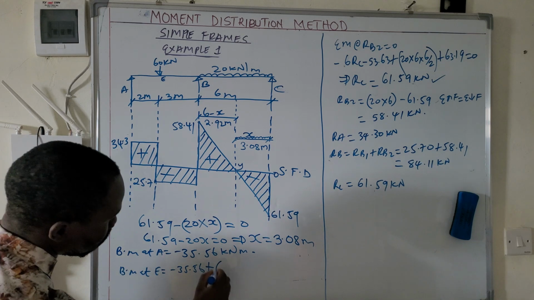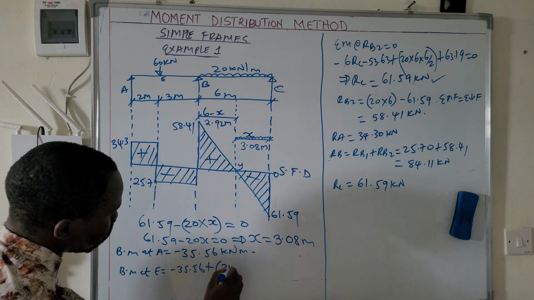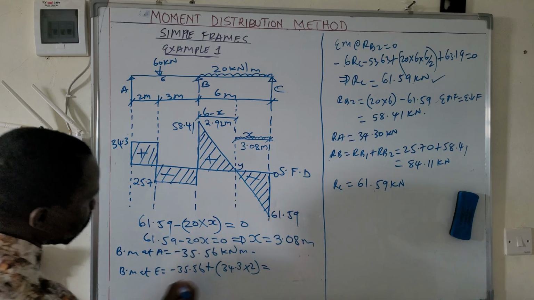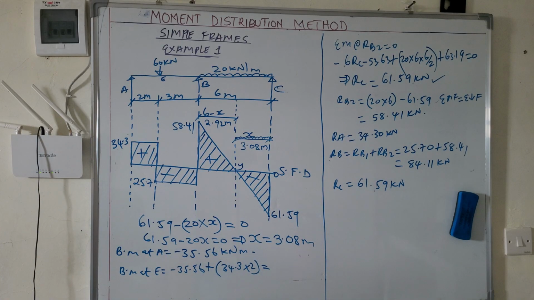So this one will be 34.3 times 2 is equal to, punch your calculator, 33.04.